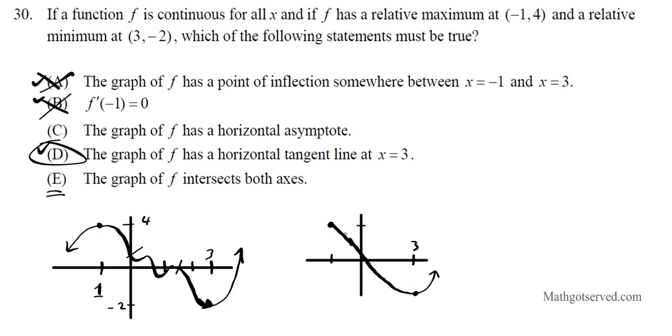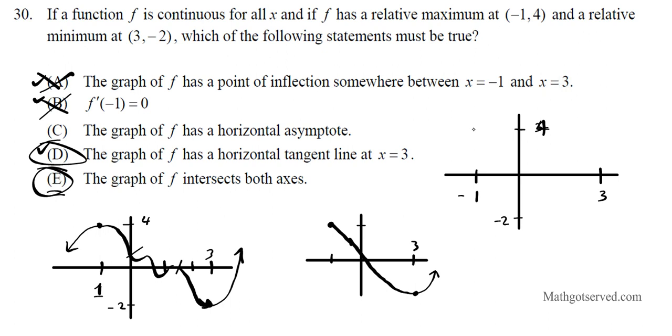All right, so let me show you a scenario where it actually doesn't meet any of these criteria but only satisfies this. What if we had a situation where the graph looks like this? We have the 2 points. The max is right here. This is 1, 3, and actually negative 1, 4, and then this is negative 2 and 3. Now what if we have just a straight segment from here to here?